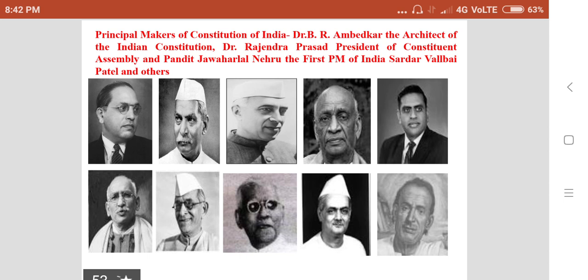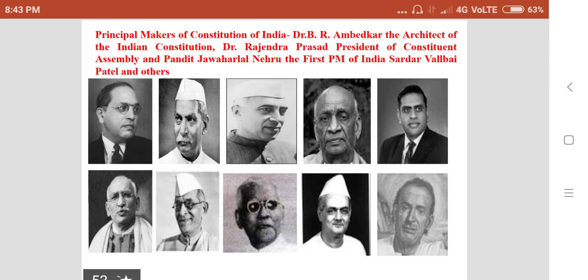So yesterday we discussed the making of the Constitution, and we discussed many aspects of the framing of the Constitution, and also the contribution of various committees in the formation of the new constitution for independent India.